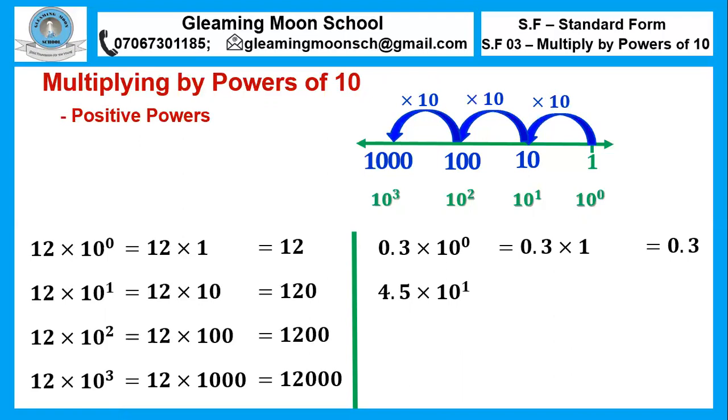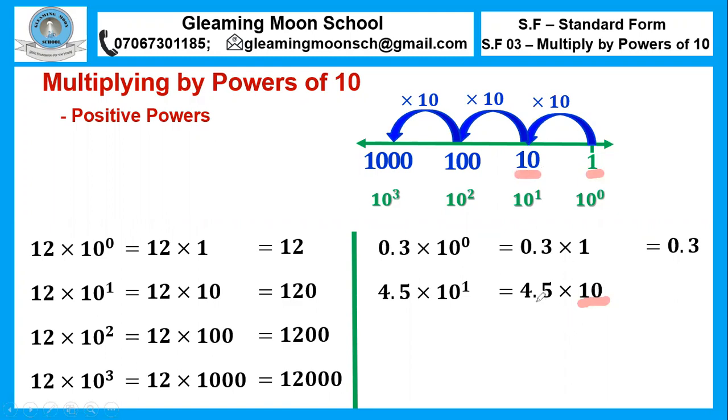But how about 4.5 times 10 raised to the power of 1? 10 raised to the power of 1 means 10. So 4.5 times 10. Now we look at something. We've got 10 here. Let me get my highlighter. So we've got 10 and it has 1 zero here. Now this zero is one place. Now look at the number line. As we times 10, we are moving up from one place value to the next place value.